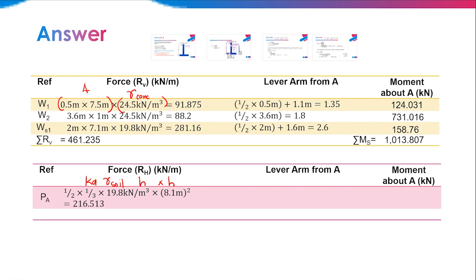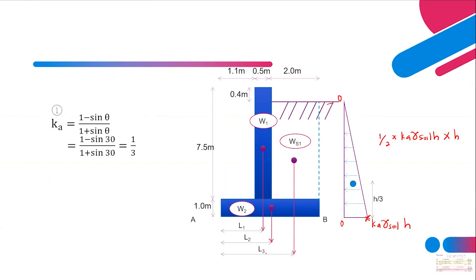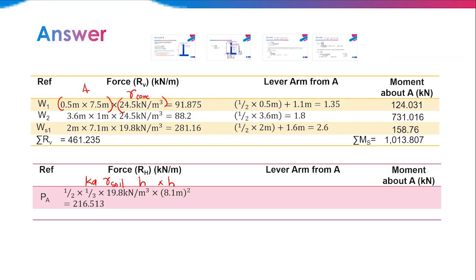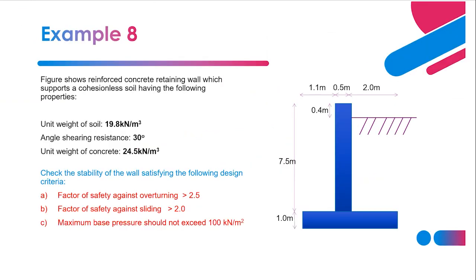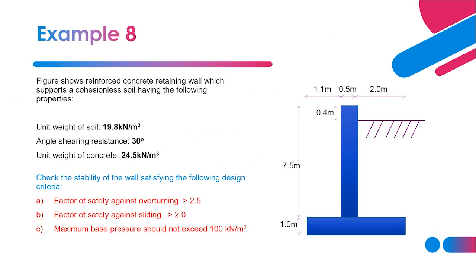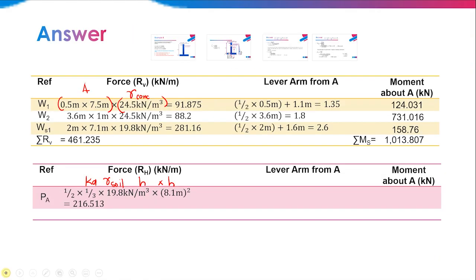Ka ni kita dah tahu dah tadi 1/3 sebab kita dah kira dekat this one. Okay, so kita dah tahu it is 1/3. Unit weight of soil, so ini based on the question. So kalau you tengok 19.8 adalah unit weight of soil. 8.1 ni adalah height of soil.